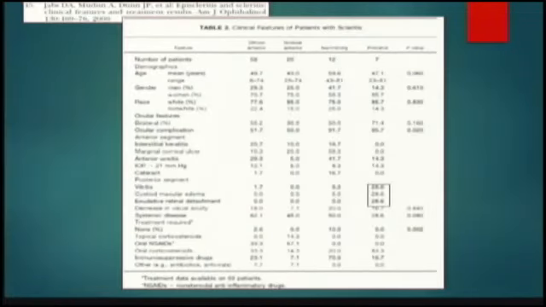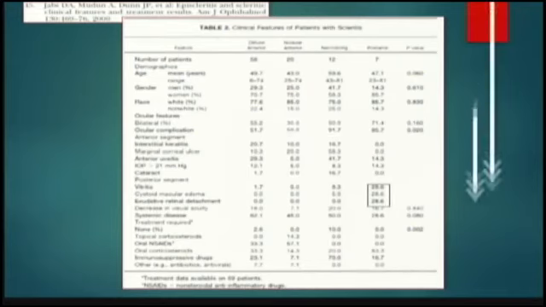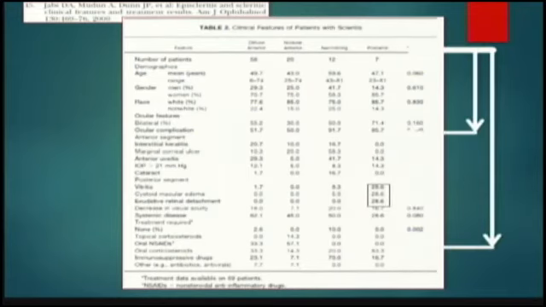This is another study done by Jabs and others, showing the clinical features of patients with scleritis. You can see the diffuse anterior scleritis and the necrotizing, the bilaterality, the ocular features, and how many of them were associated with posterior segment inflammation in this table.